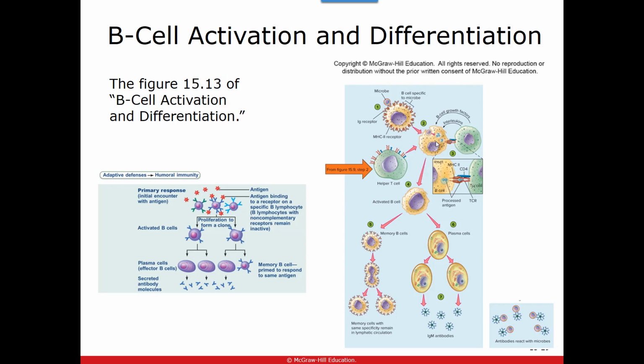So again, that activated B cell, most of them become plasma cells, and the job of a plasma cell is to churn out antibodies. Now, if you notice over here, it doesn't look so pretty. Over on this one, if you look at the shape of the antibody, and then if you look at the shape of the B cell receptor, they look identical. And they're supposed to.